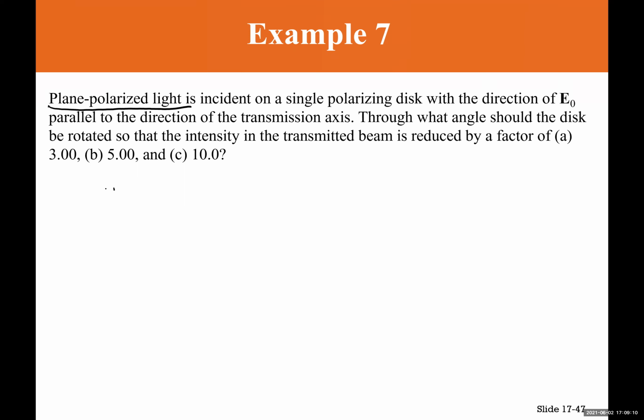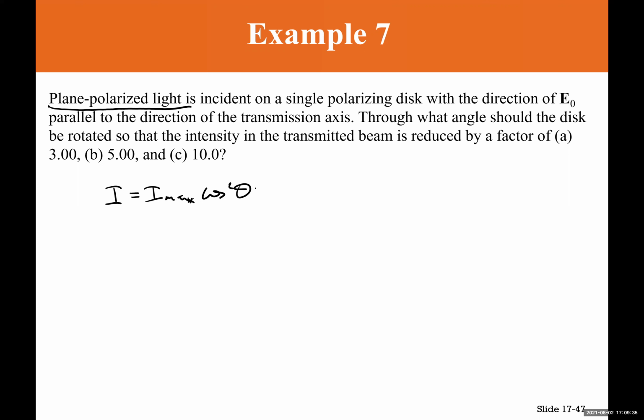Now it's going to go through another polarizer, like an analyzer, so I can use Malus's law: I equals I max cosine squared theta. Remember, my goal here is to find what the angle should be so that the beam is reduced by a factor of 3, 5, and 10.